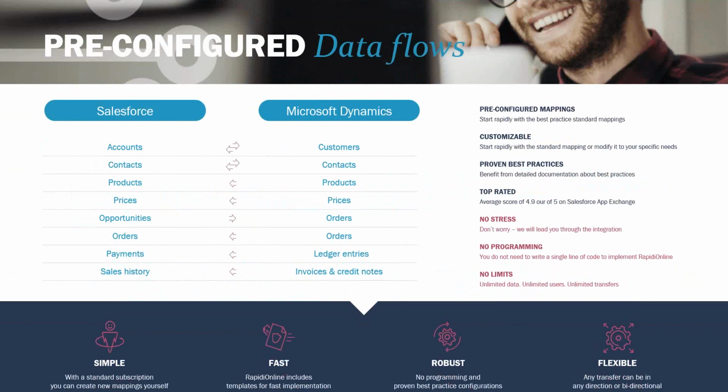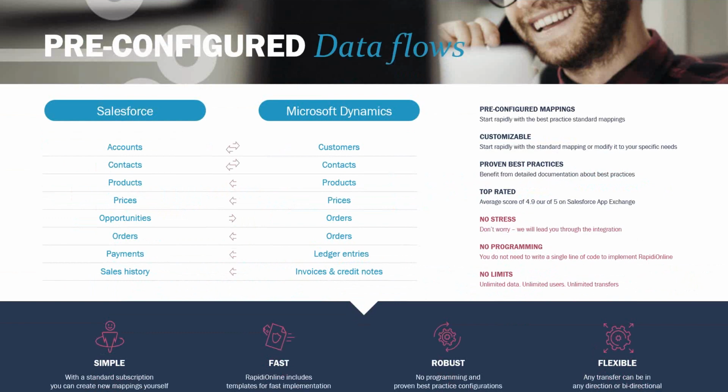We also don't put any limits, so we are not constrained by a number of users in either application. You can transfer as much data as necessary, and you can have as many transfers moving that data as necessary. So once you become a subscriber, you have access to the platform, and you can really use it to enable this data to come alive within your whole organization.